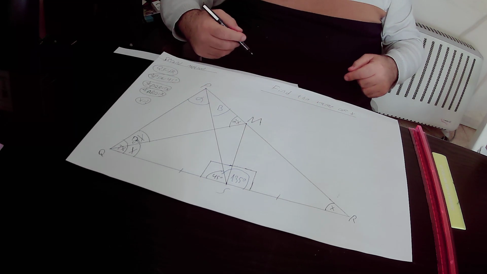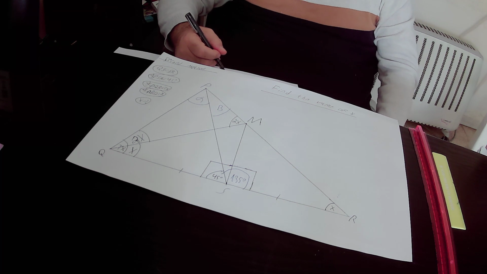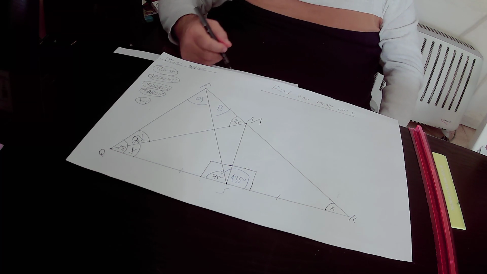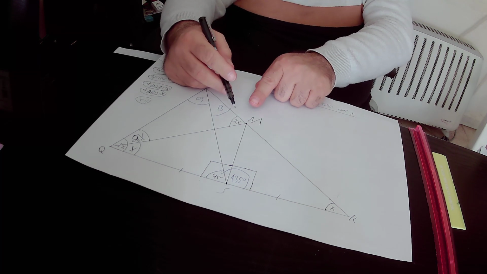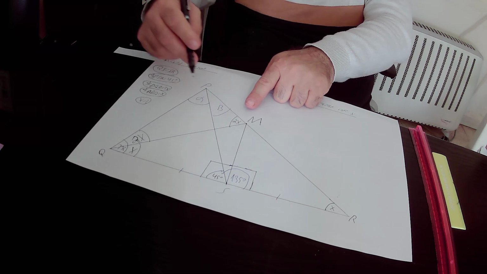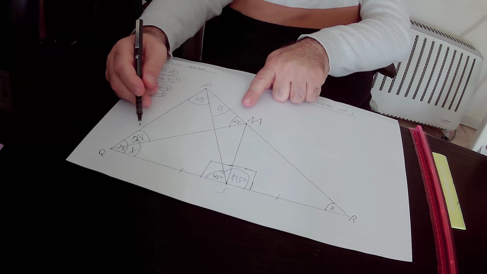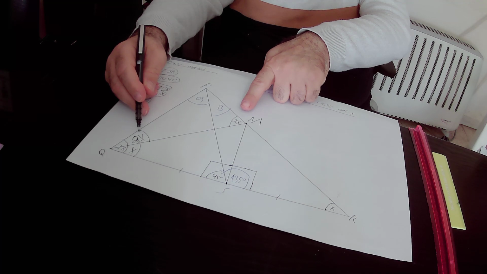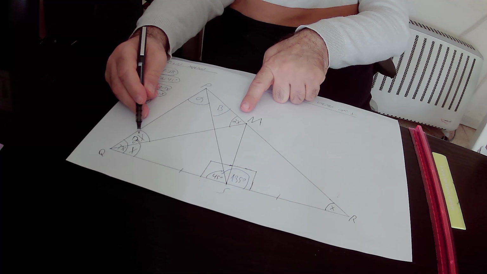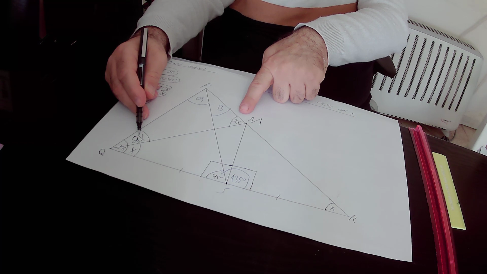Okay, so here we found out that this angle PMQ equals 2x, so triangle PMQ is an isosceles triangle because those two angles are equal to each other, they are both equal to 2x.